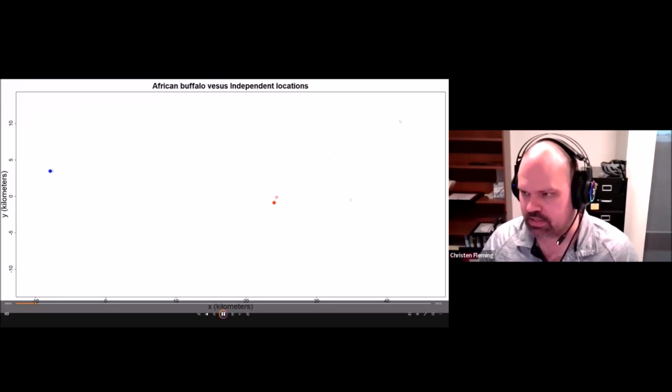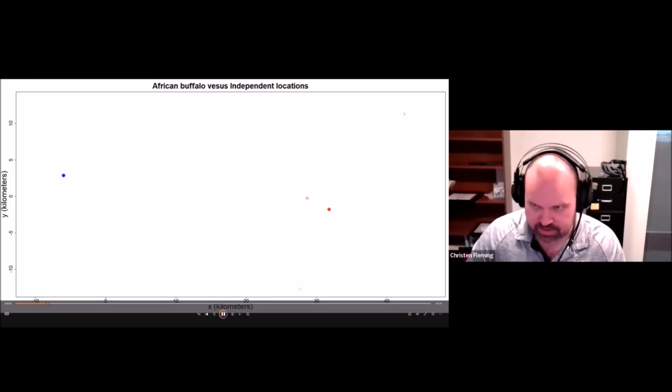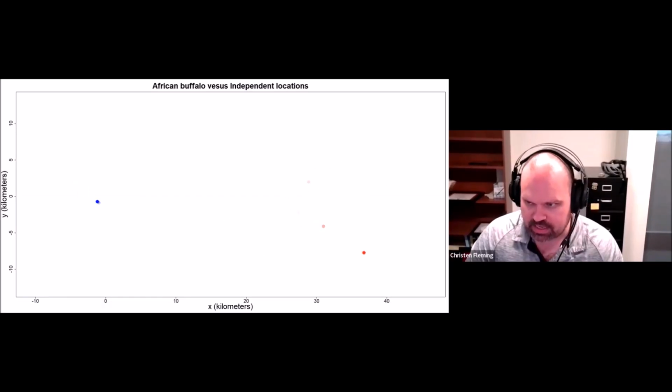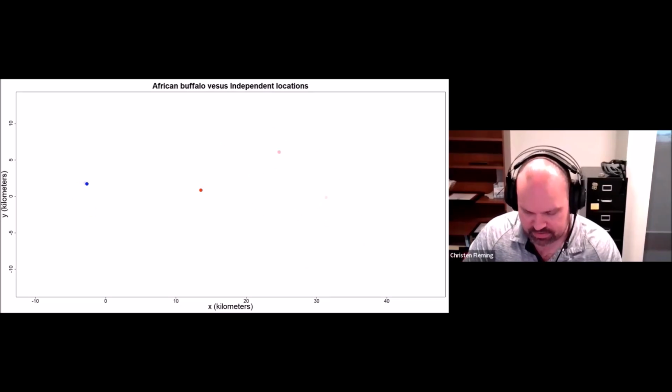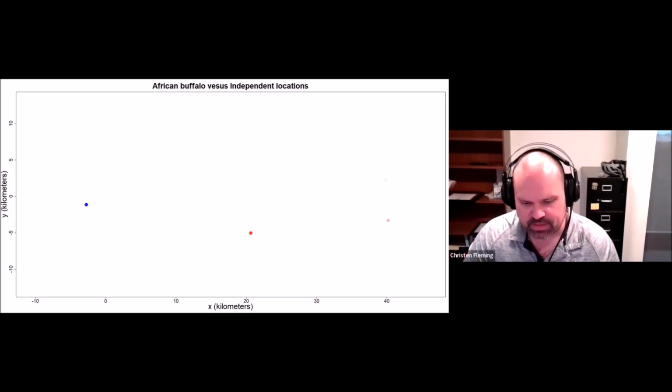Okay, so on the left here is a real African buffalo sampled hourly. And on the right here is the best fit process if you assume the buffalo is moving in such a way that you have independently sampled data.